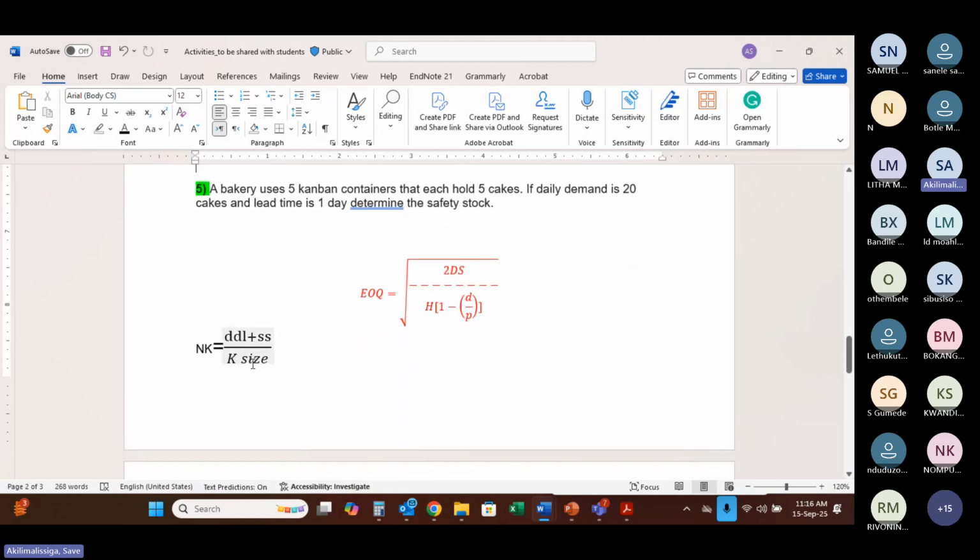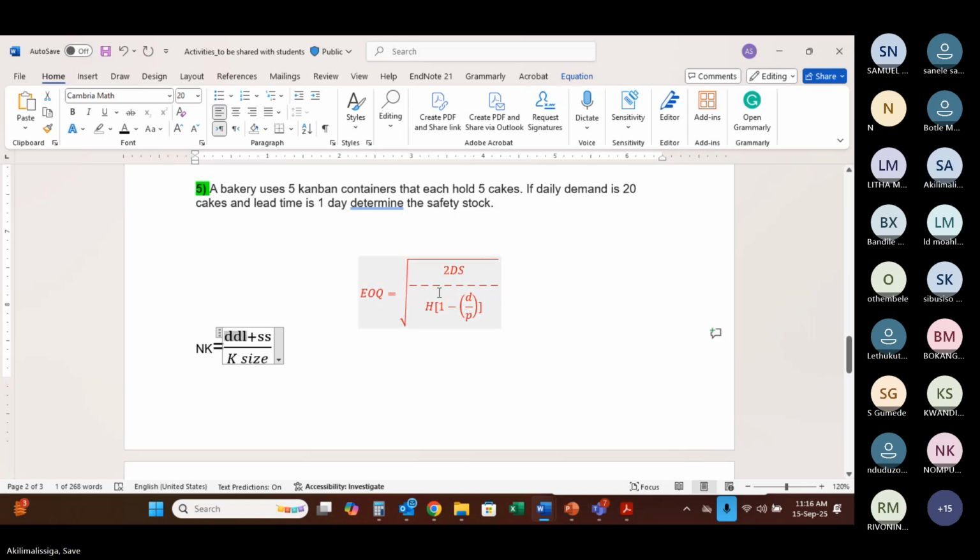What you also need to be mindful of is that from this formula, you could be asked to calculate, for instance, the demand during lead time. So it's now up to you to pull the demand during lead time from this formula.